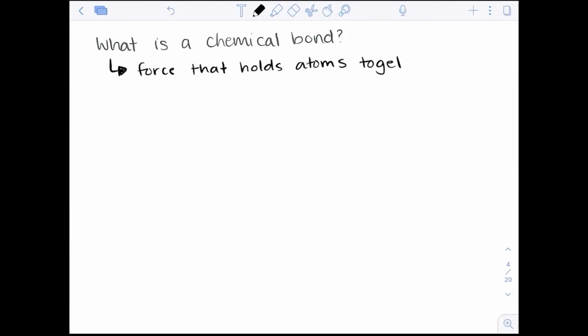We've been talking about Coulomb's law a lot so far: attraction between electrons and protons. Opposites attract. That is defining our idea that protons are attracted to electrons, and that's a good thing. We like that.